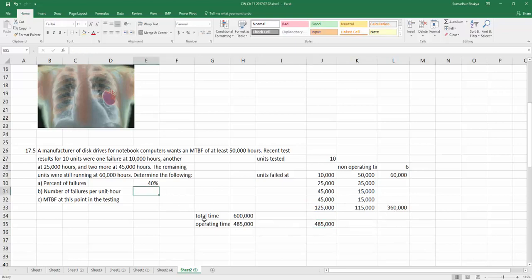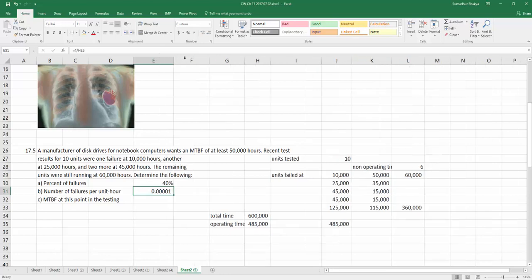Now we have the total operating time. We know the number of units failed is 4, divided by the total operating time. So this is going to be a small number. So let me bring up a few decimals. Now again, for a common man, this would be a very small failure rate.